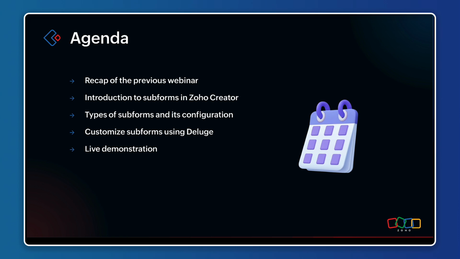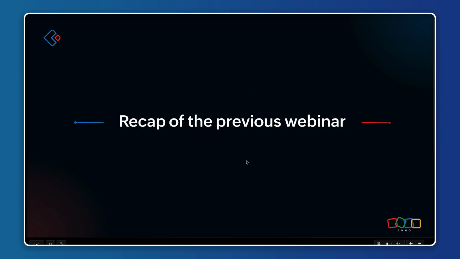We'll also be learning about how you can use the Deluge scripting language to bring in automation inside your application based on a subform that you have created. For all these topics, we will be providing you with a live demonstration based on a use case that we have taken in hand.